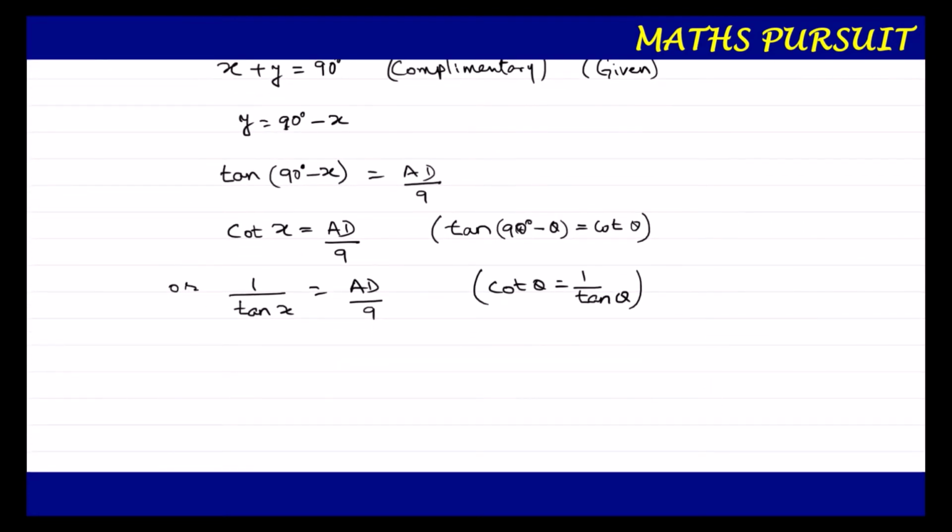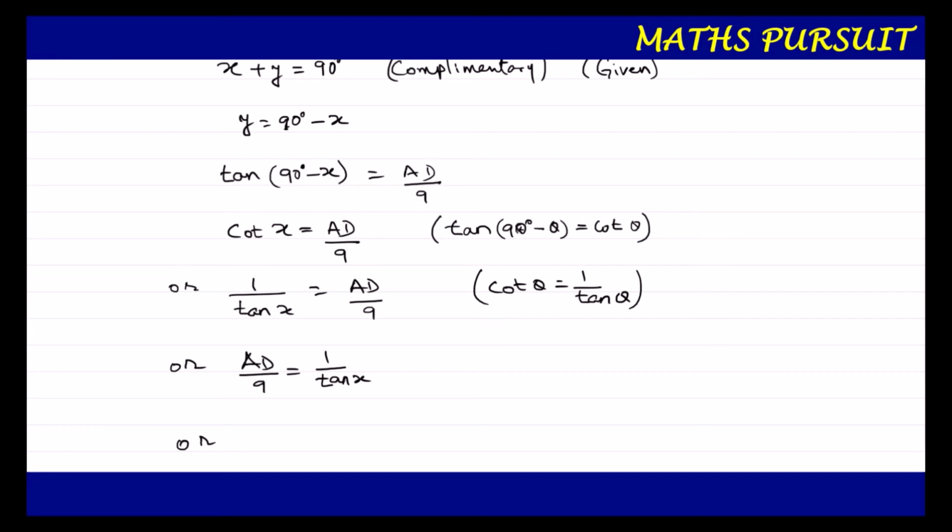Now guys, if you look here, what can I write? AD upon 9 is equal to 1 upon tan x.